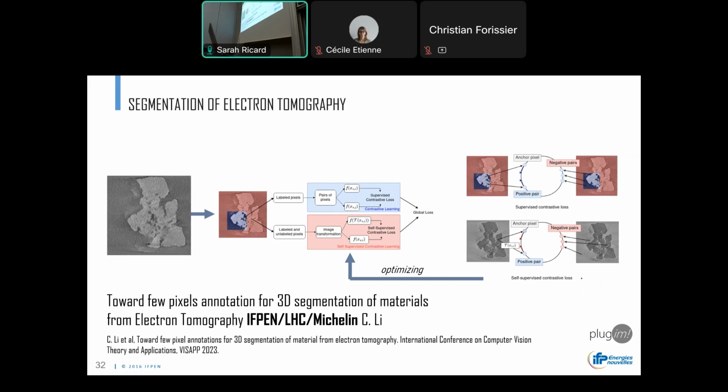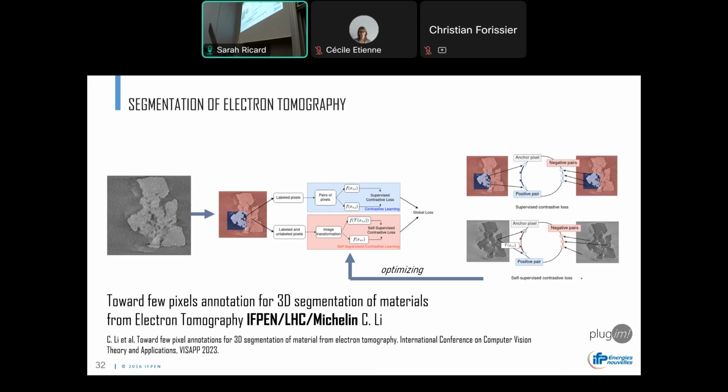Okay, and do you have an idea about the time it took to actually train and annotate, and how much data did you annotate? Okay, so if you take, for instance, 5 slices to annotate, you will use a procedure to increase the size of your data. You will use a patch procedure.